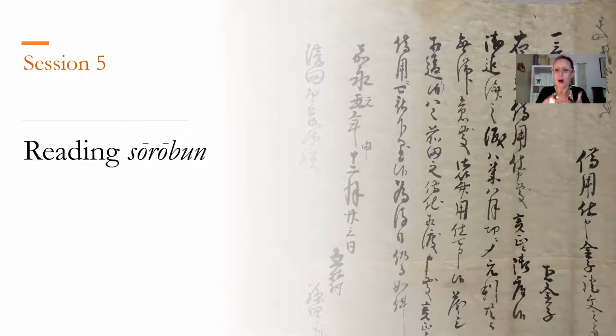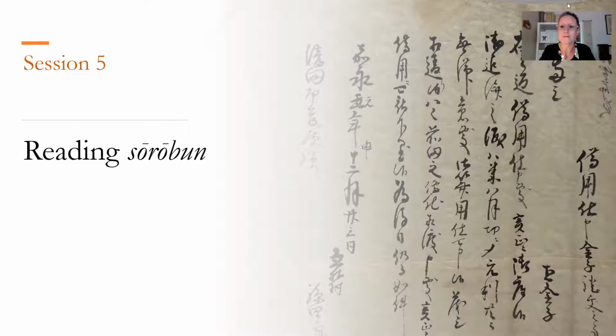Sōrōbun is a form of written language, artificial written language that was used in the Edo period for a number of things, including letters, formal and informal letters, contracts of all sorts of types, as well as in printed books. And today's session will focus on printed materials only.